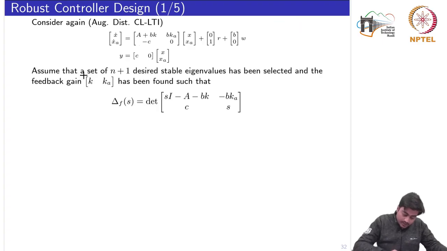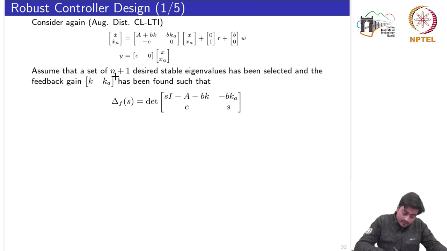So assume that a set of n plus 1 desired stable eigenvalues has been selected, and the feedback gain K has been found such that we are able to write the characteristic polynomial of the closed loop system. A is n-dimensional, C is a row vector, so the overall dimension of this closed loop system would be (n+1) by (n+1).